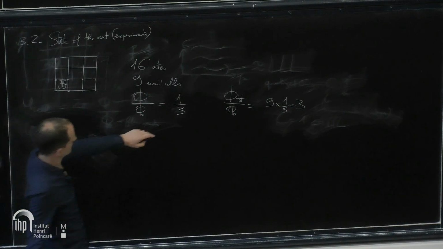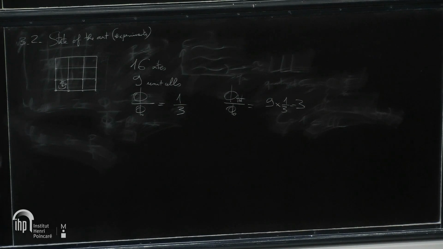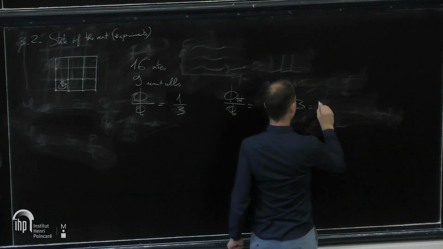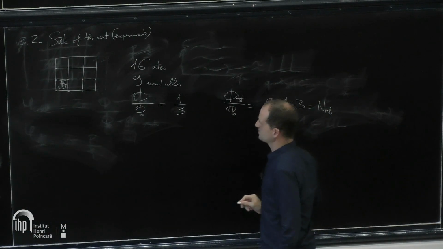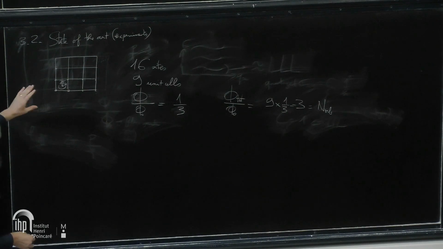When you compute how many flux quanta you have over the entire system, it gives you the number of orbitals that you have in the ground band in your finite system. We can call it n orb. And this is precisely the number of orbitals you need to construct the Laughlin wave function. Because if we take capital N equals 2, we get M max is 2. So it means that M can be 0, 1, or 2. So 3 values.